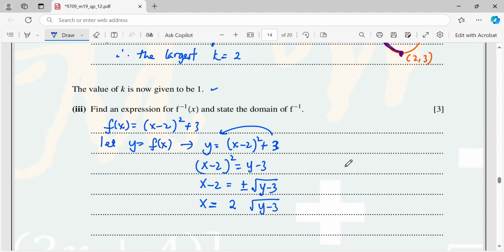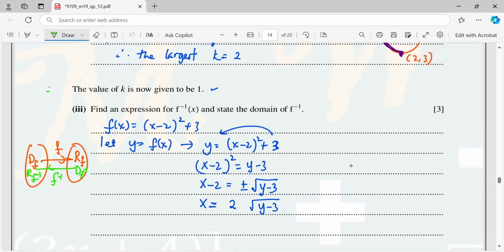So for your information, the domain, okay, look at this diagram. This is your f. Domain f will be mapped into range f. If the opposite direction, that is your f inverse. That means this is the domain of f inverse. This is the range of f inverse.